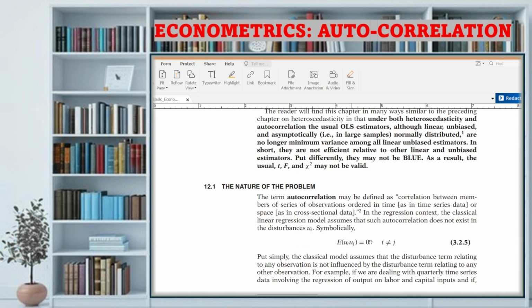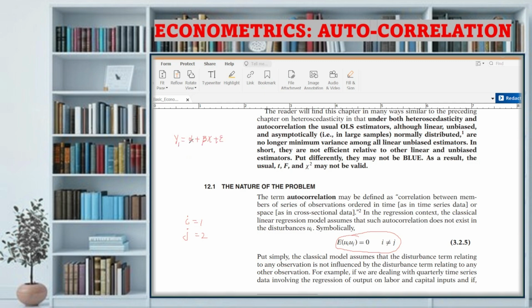First, remember the logic of autocorrelation. Autocorrelation means this. If I have observation i, which is the first observation, and j, the second observation, and you remember my model, y equals alpha plus beta x plus epsilon.